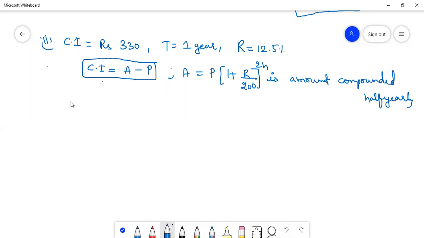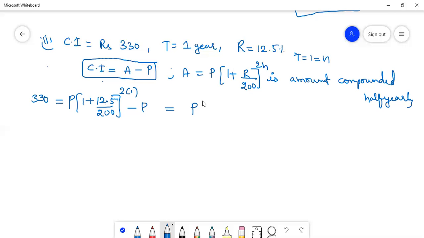Then we can substitute in the compound interest formula. The compound interest 330 rupees is equal to A, where P we don't know, P into 1 plus rate of interest 12.5 by 200, whole power 2 into time period T equal to 1 year, is equal to N, minus P. Then P is taken common, 1 plus, here 5 twos are 10, 5 fives are 25, 5 fours are 20, 0.5, 5 eights are 8.